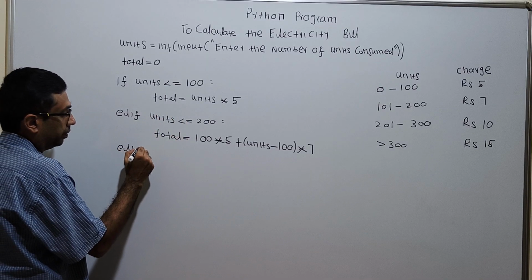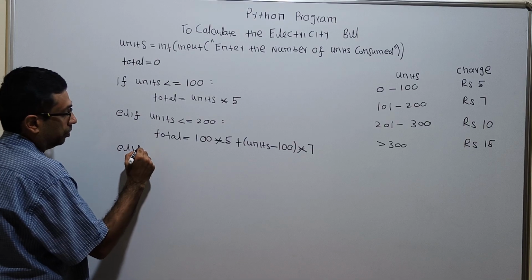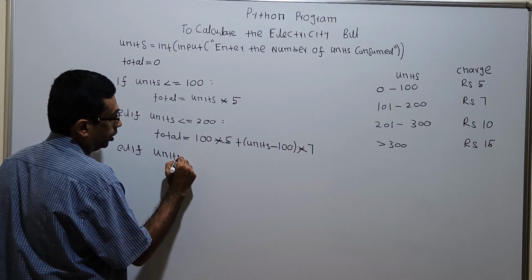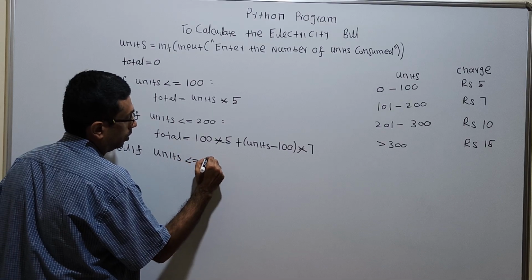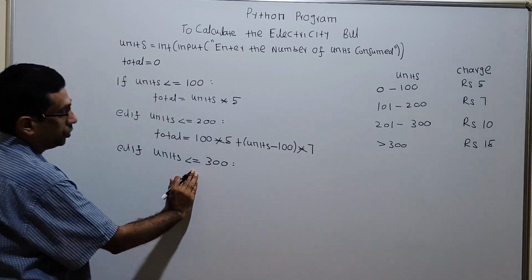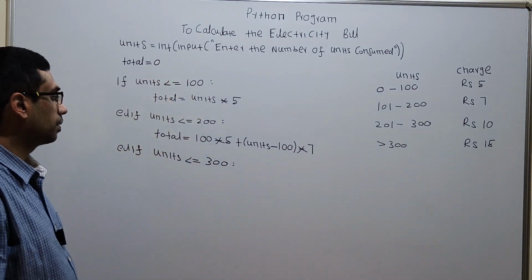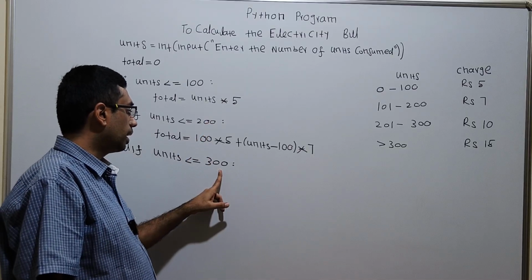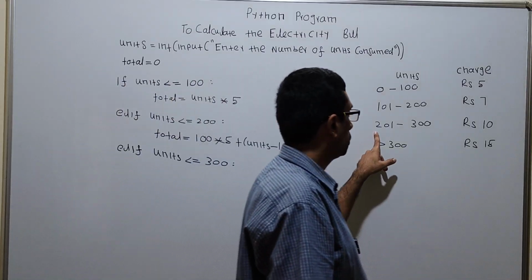Here I am writing an elif units less than or equal to 300 colon. If this condition is true, both the two earlier conditions are false. That means units is greater than 200 and less than or equal to 300. It will come to this category 201 to 300.